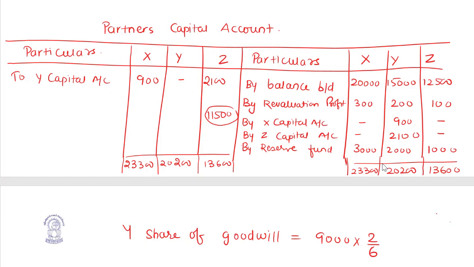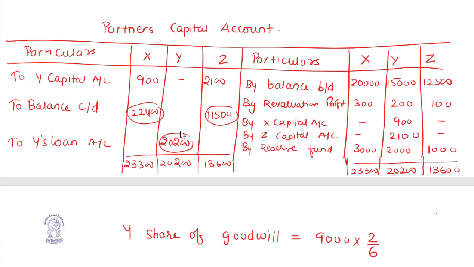In Y it is 20,200, that is Y's loan, so to Y's loan is the balancing figure, and for X it is 22,400 to balance carried down. I believe you understood the partners' capital account.